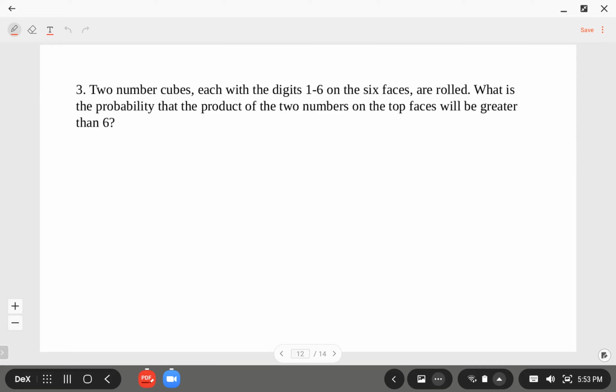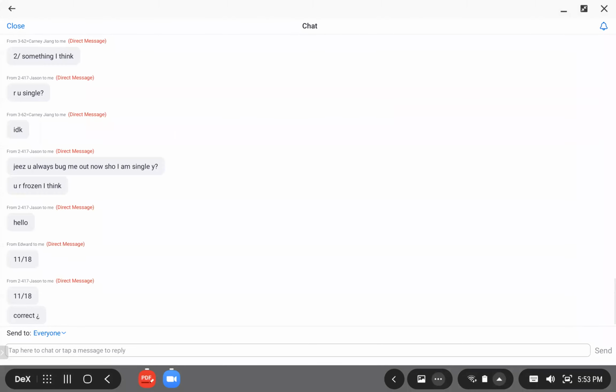Another 6. 5. So we add them together. We can calculate it out. Add them together. 22. 22/36 equals 11/18. Yes, that is correct. 11/18. Very good. Very good, Edward and Jason.